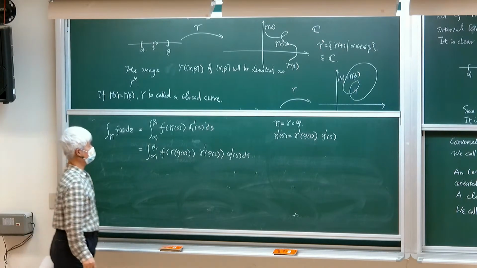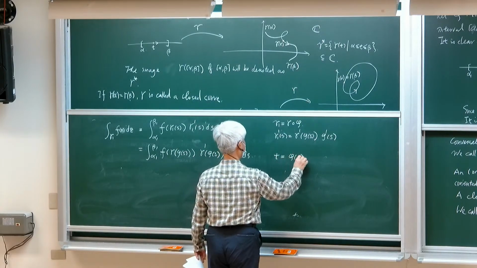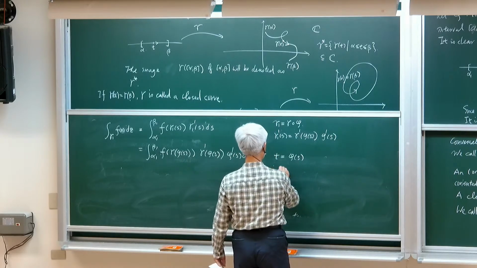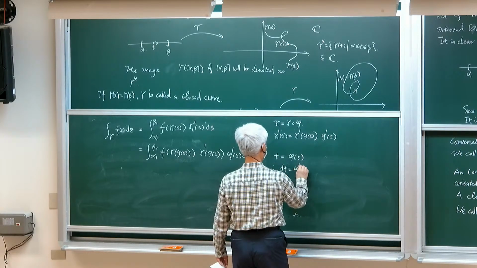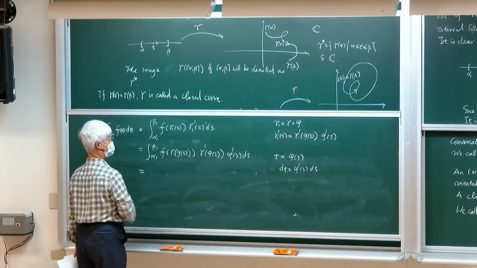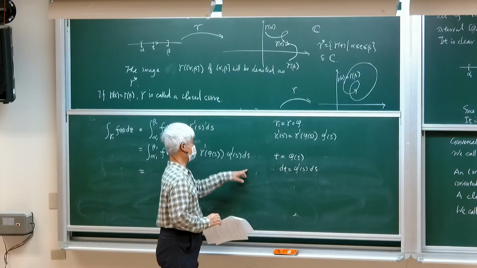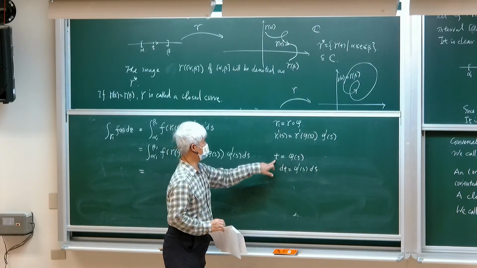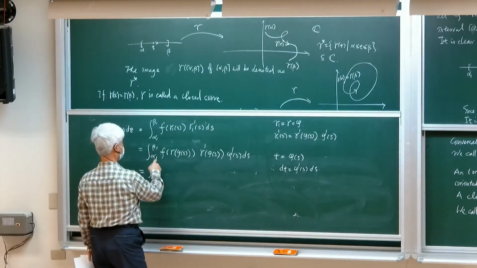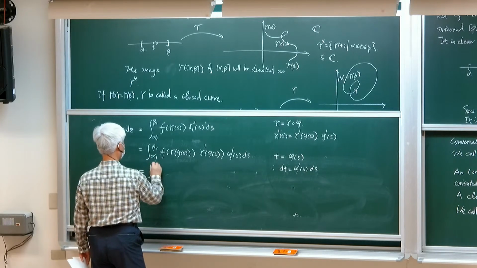We define t to be phi x, so that dt is phi prime x ds. So we do the change of variable: we let phi x be t, and the integration limits alpha 1 goes to alpha, beta 1 goes to beta.